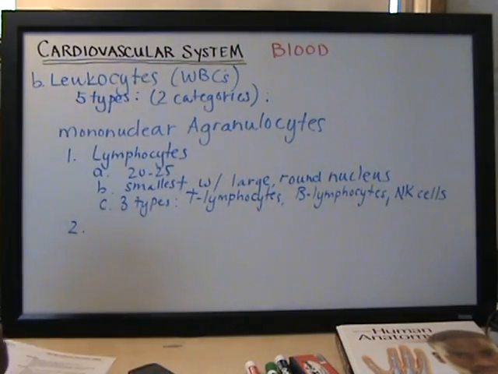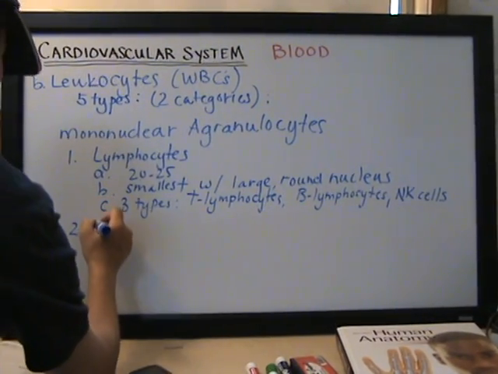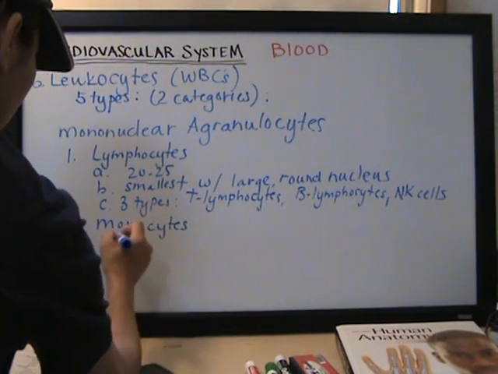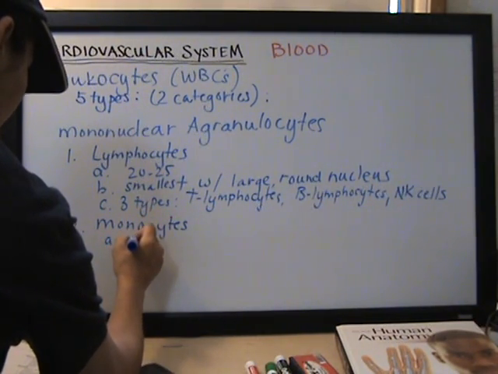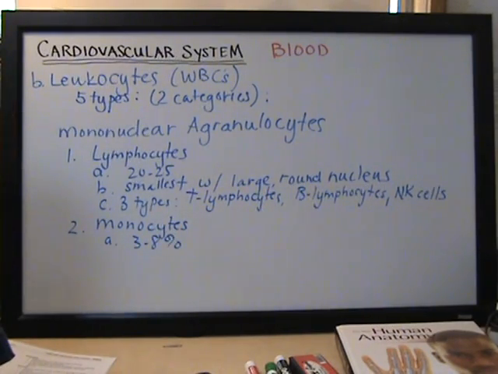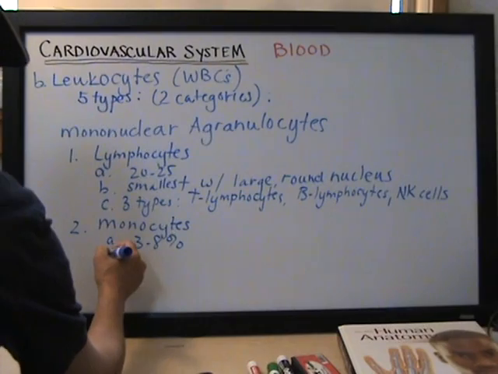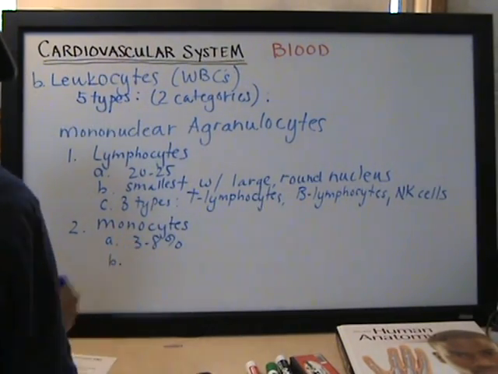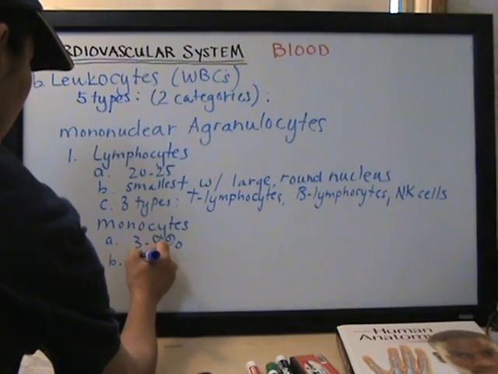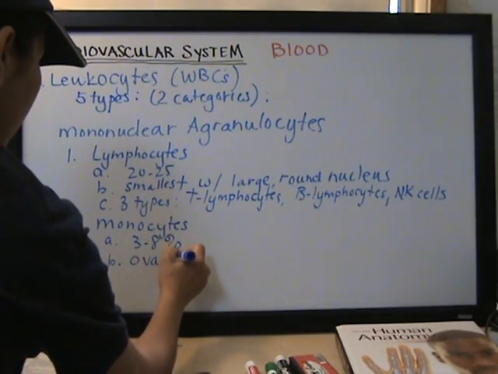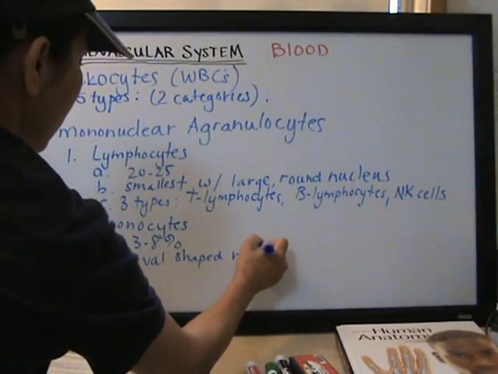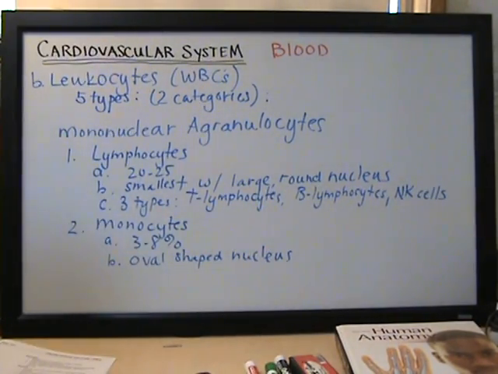The other type of mononuclear cells are the monocytes. We find them about 3 to 8% of all white blood cells. The nuclei are oval shaped or kidney bean shaped sometimes, and they're actually quite large.